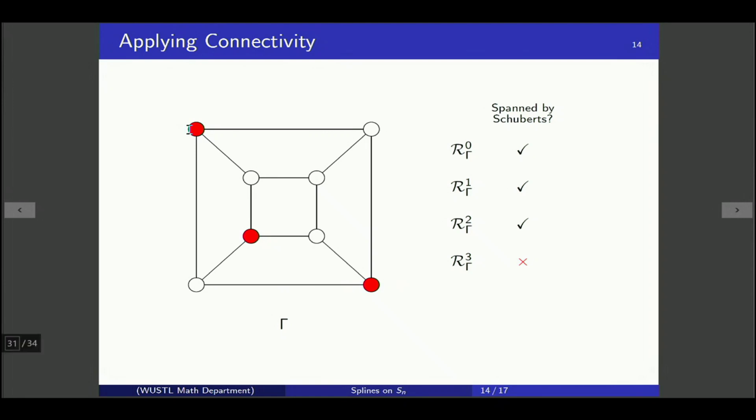But we can delete 3 to disconnect this graph. If we take out the red ones, we're going to be left with a solitary vertex on the lower left and a 4-claw on the upper right. So what does that say? We're in unfamiliar territory. There are more splines in the cubic piece than we can get by just looking at the Schubert classes, is the idea.